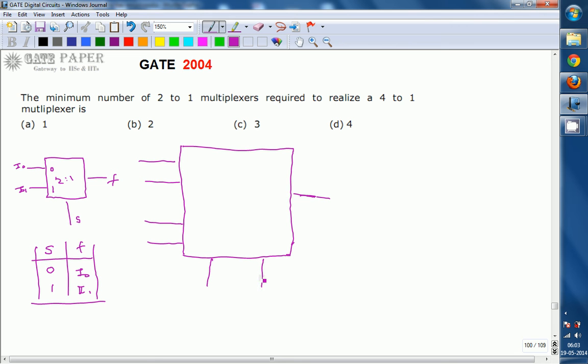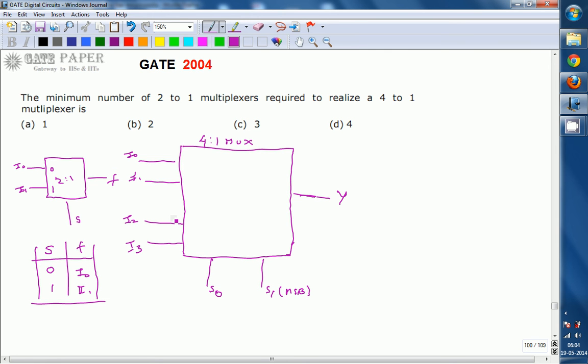The inputs are I0, I1, I2, I3, and the select lines are S1 and S0, where S1 is the MSB. F, which is nothing but Y in our case, is the output. This is the 4 to 1 multiplexer, which has 4 inputs, 1 output, and 2 select lines.